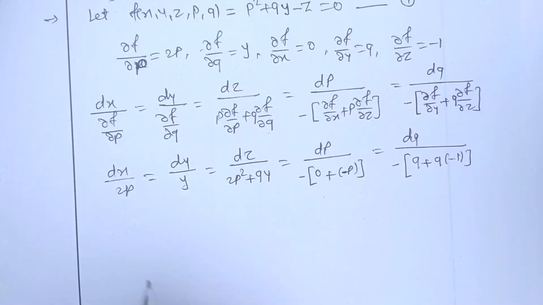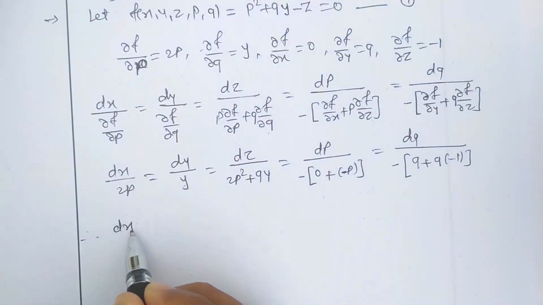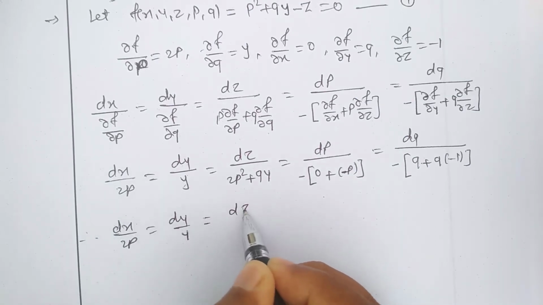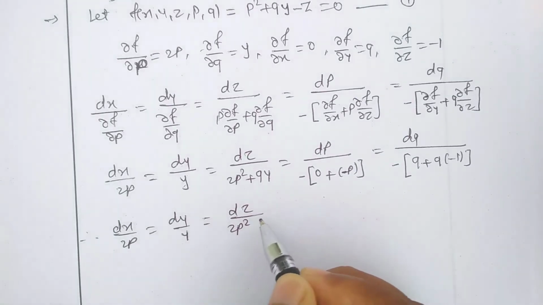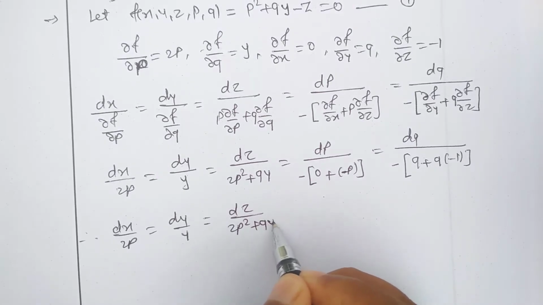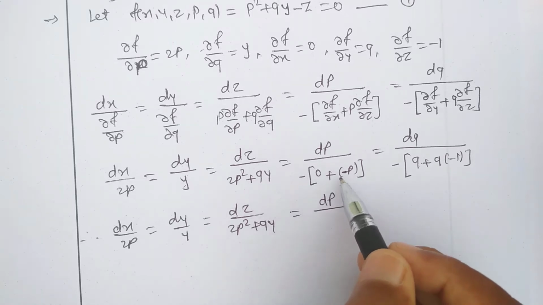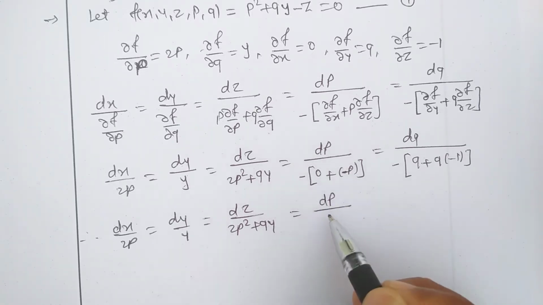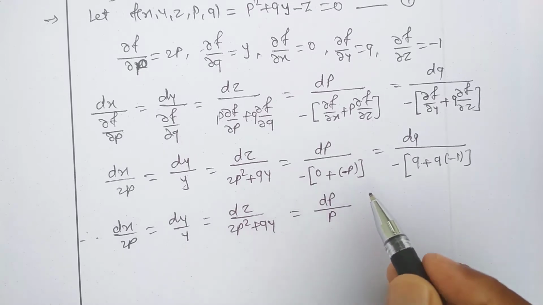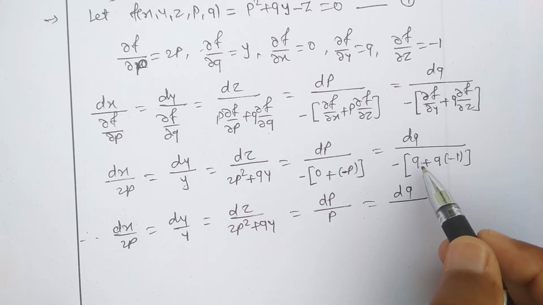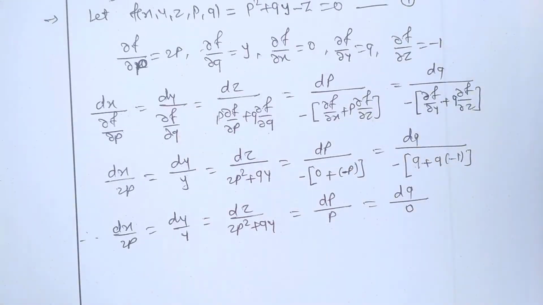Now simplify this more, therefore we will get dx upon 2p equals dy upon y equals dz upon 2p square plus qy equals dp upon, see here 0 plus minus p, inside the bracket you will get minus p, and one more minus sign outside, so you will get plus p, equals dq upon, see inside the bracket q, and this q into minus 1 is minus q, q minus q becomes 0.